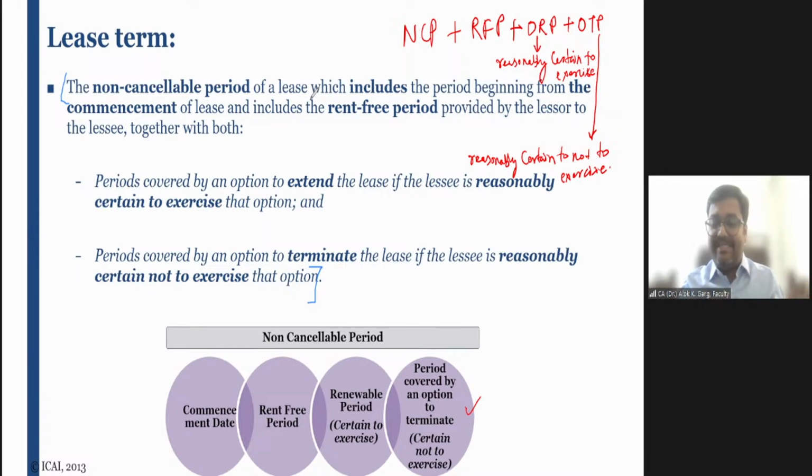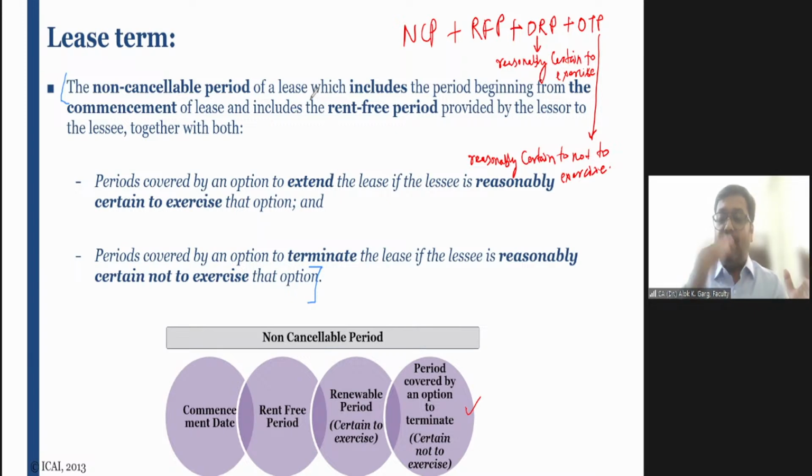So this lease term is equal to the rent-free period plus the non-cancelable period, 5.5 years in total. Is that clear to all of you?